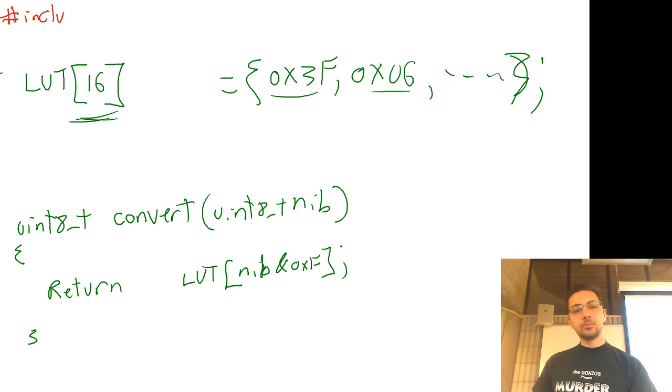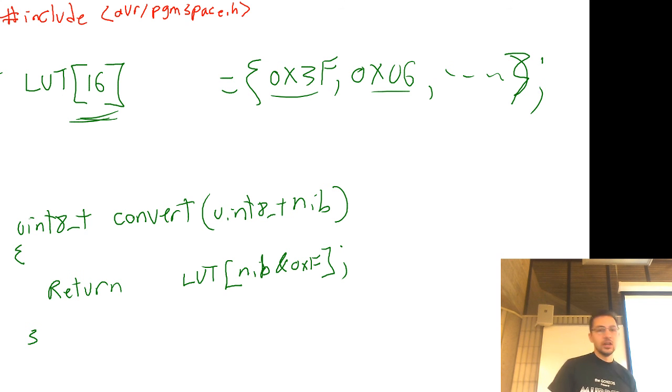Include avr/pgmspace.h, the word space, not the actual character. This gives us access to a ton of function-like macros and other things that allow us to get stuff into program memory and get stuff out of program memory.